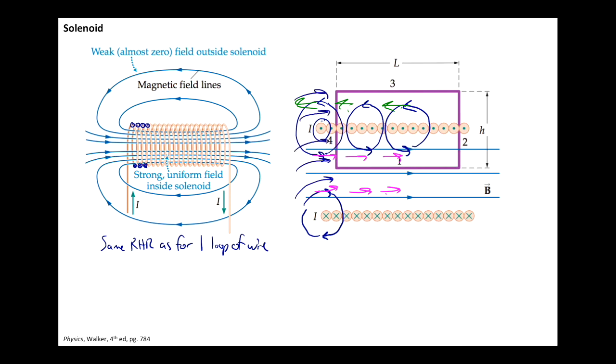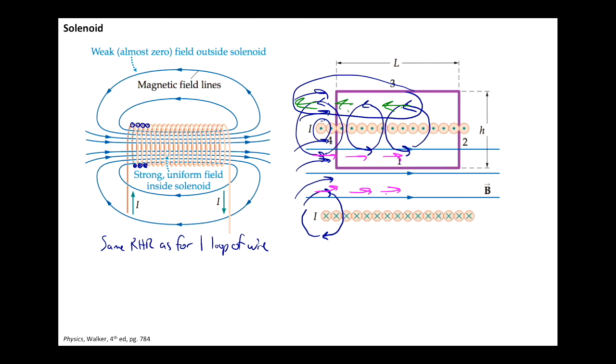It's just weakening by 1 over r as I get farther away. So you can see that we start to get at least a partial cancellation effect happening outside the top of the solenoid because I have components that are pointing in opposite directions. Okay? It's not a perfect cancellation, but it's canceling some. So when you think about them starting to build in between the set of wires and canceling on the outside, we're starting to get this separation in magnetic fields.